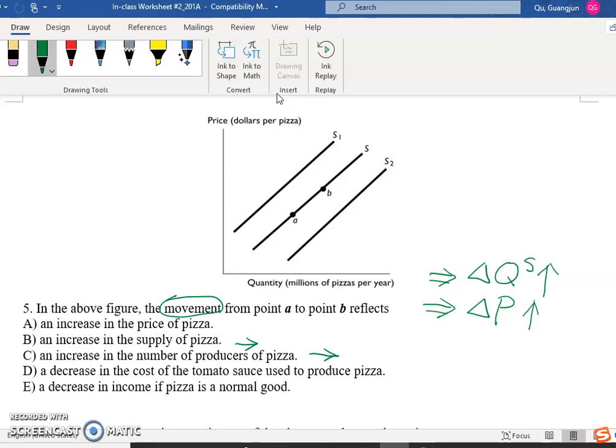D, a decrease in the cost of tomato sauce used to produce pizza. Oh, I forgot to label here. The TERNIP thing for C is number of sellers. I'm sorry about that. And for D, the TERNIP is input cost, because the tomato sauce is used to produce pizza. So the input cost decreases. That means the profit margin, which equals the difference between the market price and the input cost, is going to be larger.